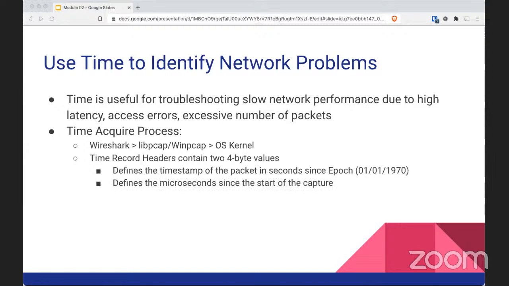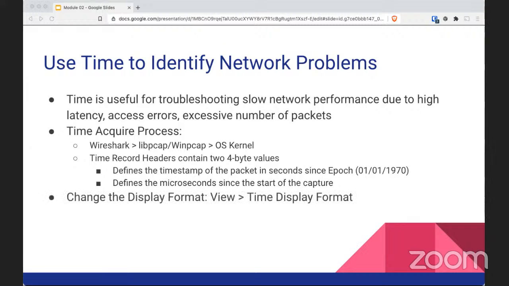This will be followed by another 4-byte value defining the microseconds since that point in time. In order to make changes to time, you would go under View and then Time Display Format.